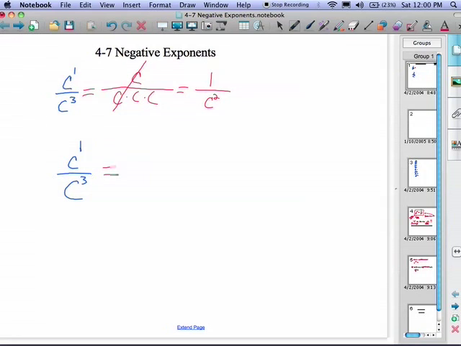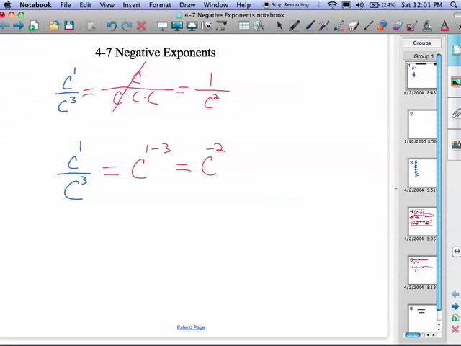If we use yesterday's methodology, that's going to be c to the 1 minus 3 exponent, because the bases are the same. 1 would be m, 3 would be n, and it would be m minus n. So we have c to the 1 minus 3 power. And when we simplify that, that's going to be c to the negative 2 power.